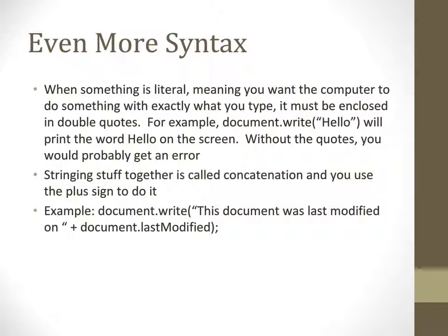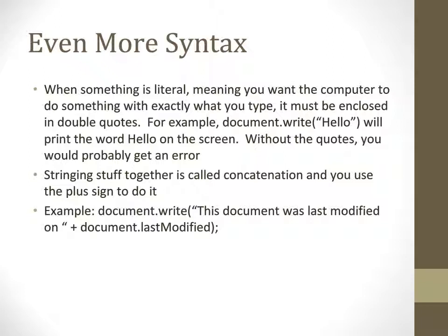To concatenate it, we'll use the plus sign, and that will add onto the end of that sentence. And notice the document.lastModified is not in double quotes, and so it means that it needs to go retrieve or execute that. It goes and retrieves the last time the page was saved, and adds it to the end of that statement so that it would say this document was last modified on July 14, 2014 at 3:33 p.m.